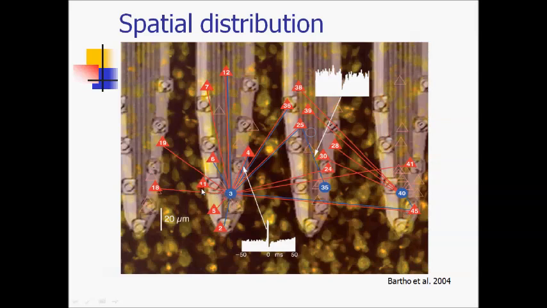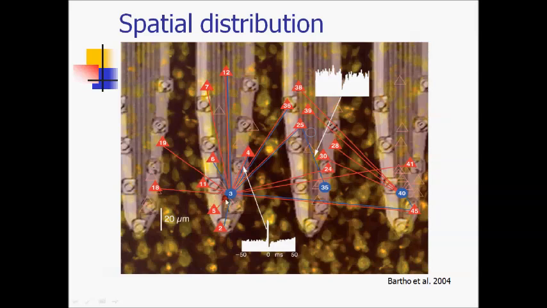If you see that some neuron has the highest spike amplitude at this electrode and another neuron has the highest amplitude at this electrode, you can think with quite good accuracy that this neuron was somewhere here and this other neuron was somewhere here. So you will know not only the activity of those neurons, but also how they were positioned in space, how far they were from each other.